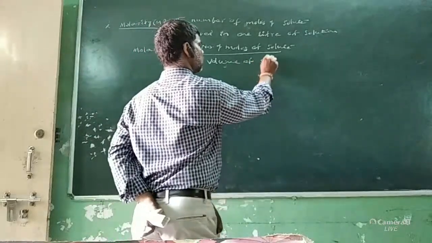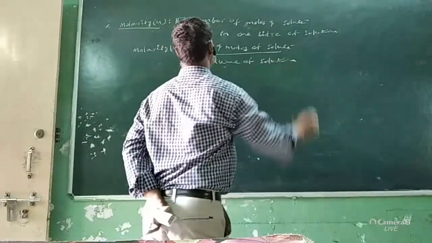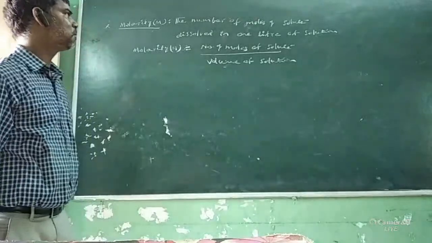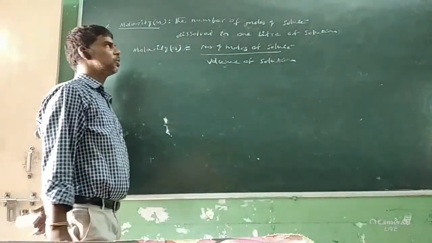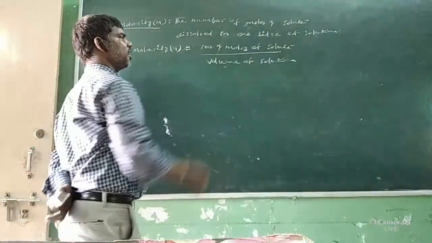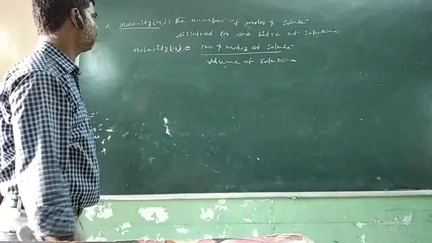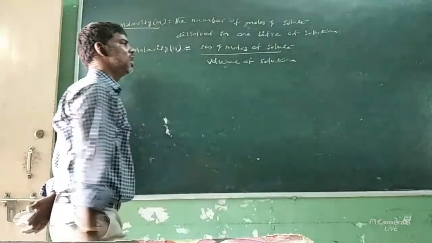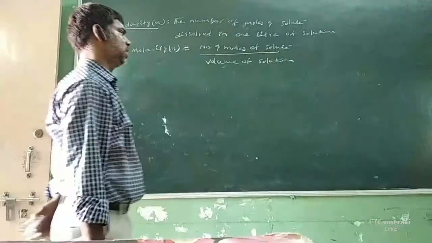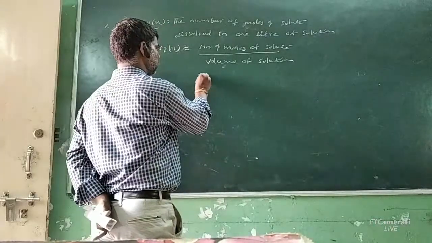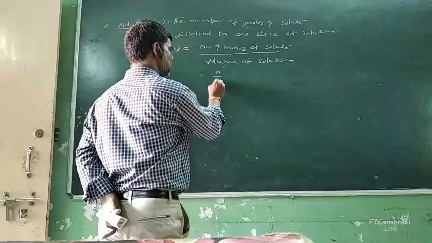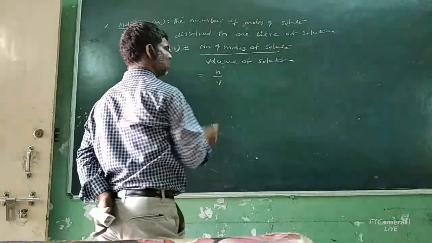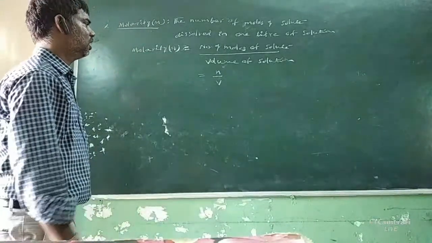Yesterday we explained up to this. Here the number of moles is taken as n, and the volume of solution V will be in liters.